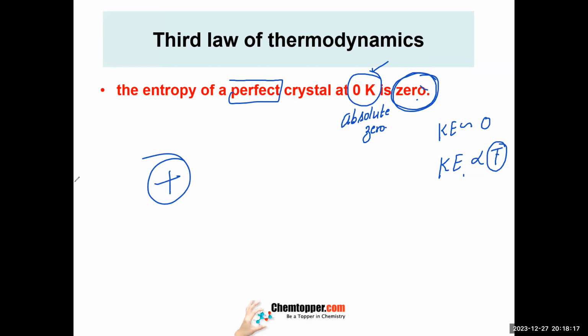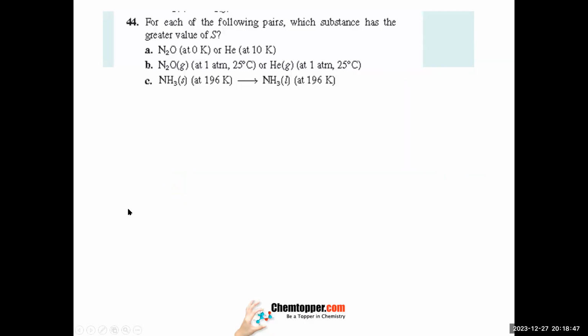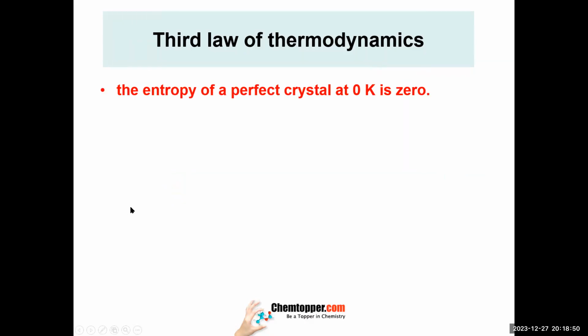None of them have negative values because the lowest possible value of entropy is zero, and there is no value below zero, right? And this value is zero only at 0 Kelvin. But most of the time, things are above 0 Kelvin. So none of the compounds will have zero entropy. To get zero entropy, it has to be a perfect crystalline form, right? We are good with this?